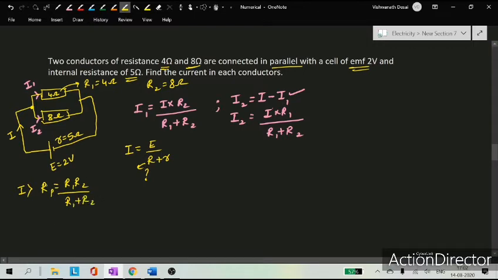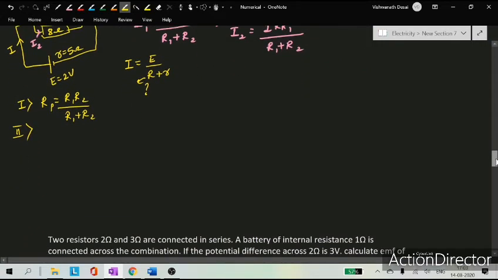Once you get the equivalent resistance Rp, the second step is I is equal to E divided by the external resistance Rp plus internal resistance r.